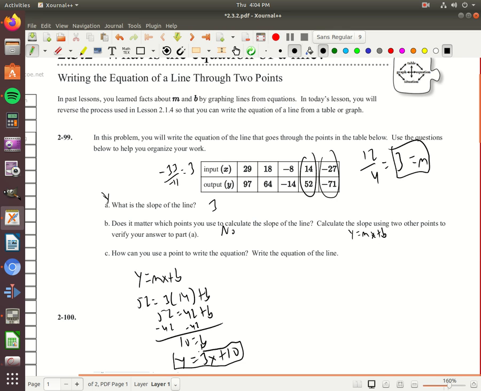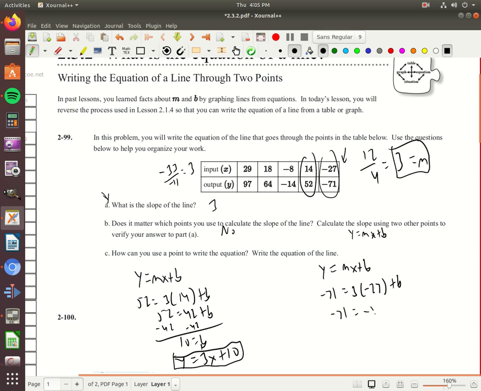Well, again, what if I had picked the worst points? In my opinion, these are the worst points. So again, y equals mx plus b. Well, my y is negative 71. My m is 3. My x is negative 27, plus b. 3 times 20 is 60. 3 times 21 is 21.